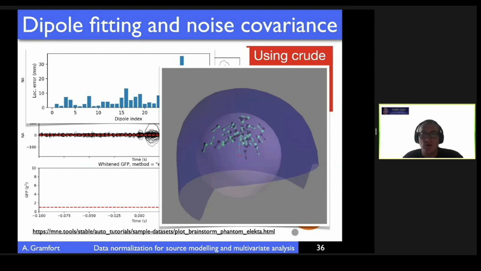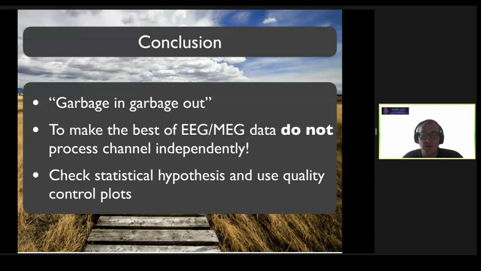What I tried to convince you of is that if you don't pay attention to the data and the statistical hypothesis, what I call garbage in, garbage out, then you should not trust what's happening at the end of your pipeline. Something I would like to stress again and again is that MEG and EEG are multivariate data.